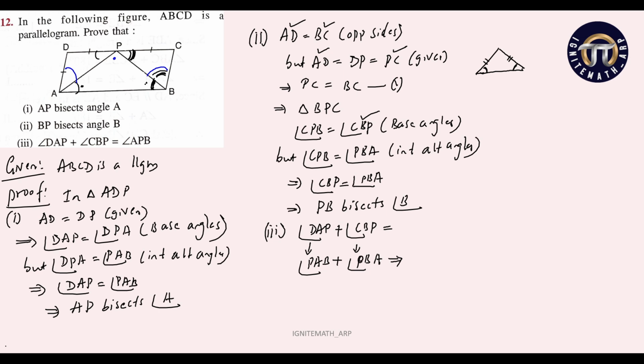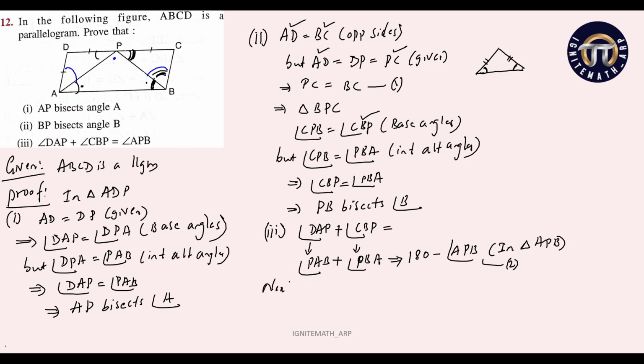Clear? Okay, is equal to, what can I say? This equals 180 degrees minus APB. Okay, that is in case of triangle APB. Clear? So I just call this equation 2.